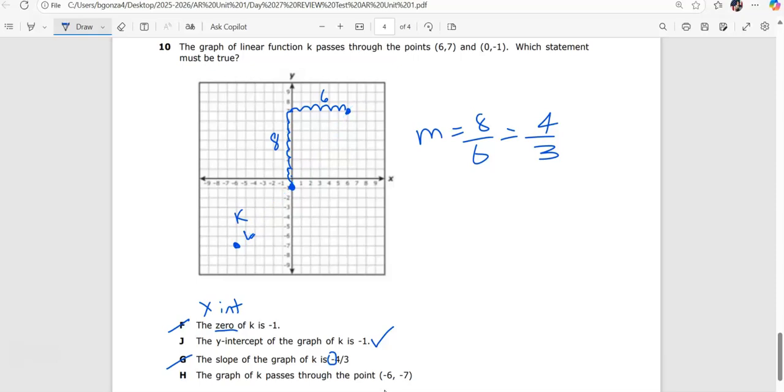Well, if you make a nice straight line, it goes down 1, 2, 3, 4, 1, 2, 3, and so on. So my line is actually going to pass down here.